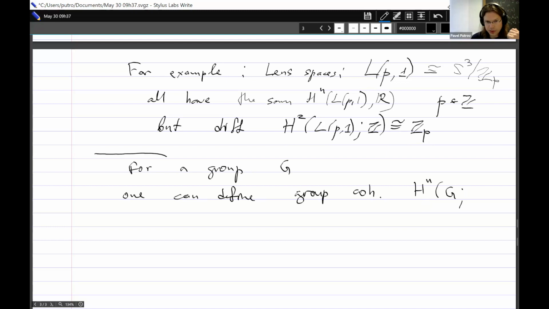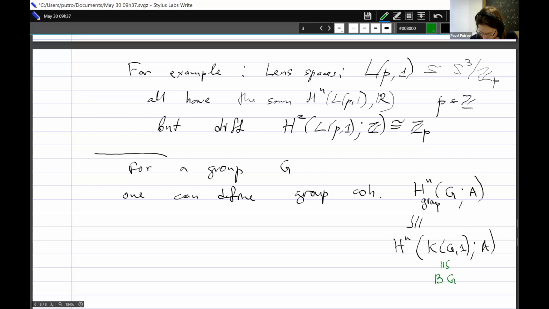There also can be some choice of coefficients, let's say A. And the relation is the following: this is isomorphic to the cohomology of what is called the Eilenberg-MacLane space, the first Eilenberg-MacLane space of G, which is the same as what is called the classifying space of G for discrete G.